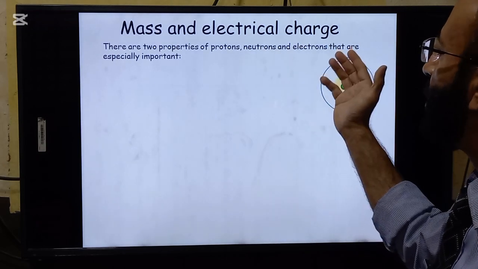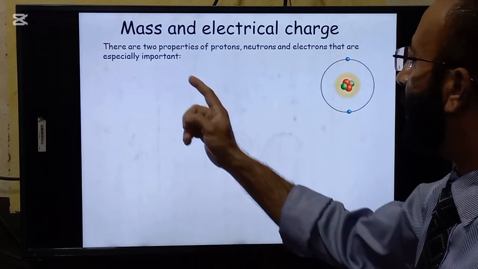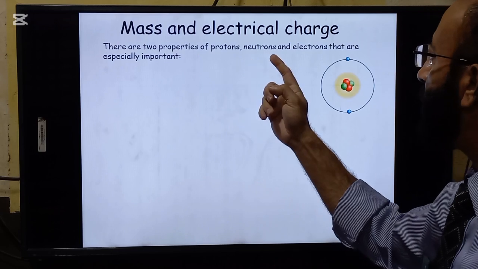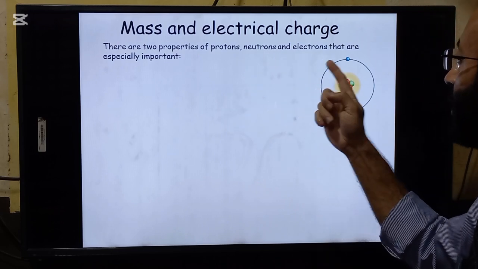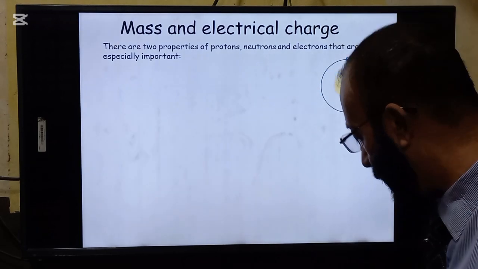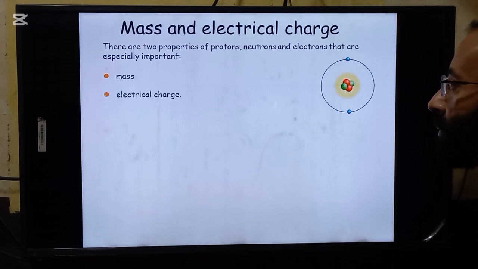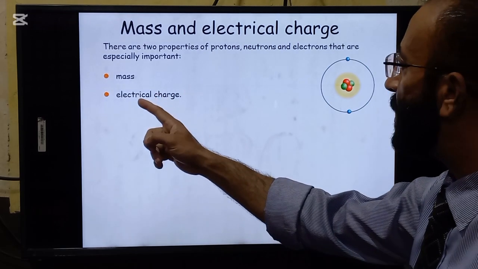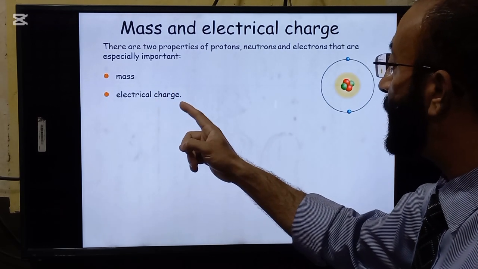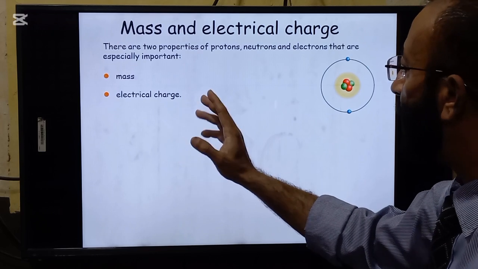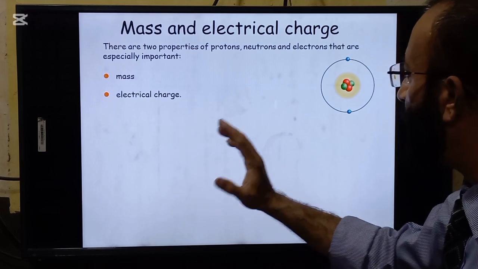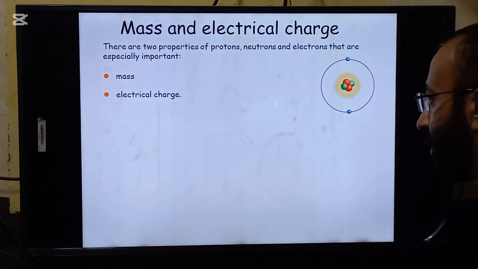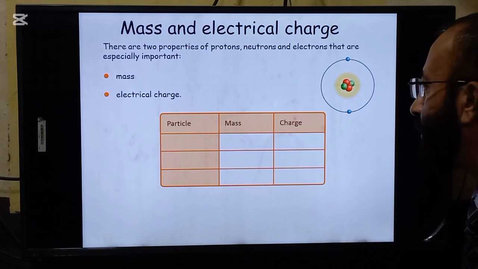Mass and electrical charge. There are two properties of protons, neutrons, and electrons that are especially important. Number one is mass, number two is electrical charge. So these are the two properties which are especially very important. So you have to learn them.